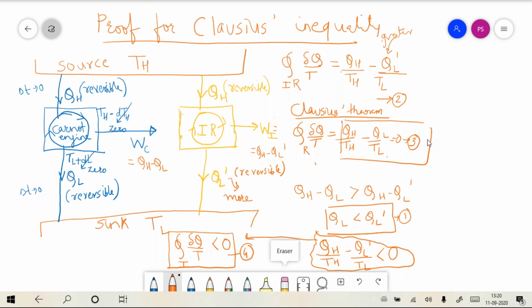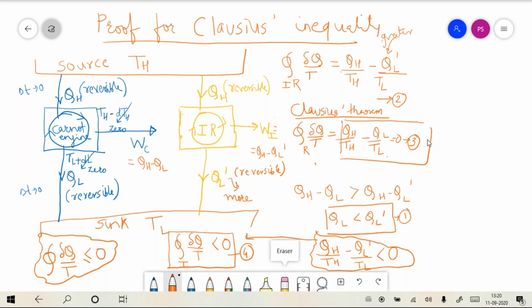Combining the Clausius theorem with equation 4, we can write a famous inequality: the cyclic integral of del Q by T is less than or equal to 0 for any cycle.